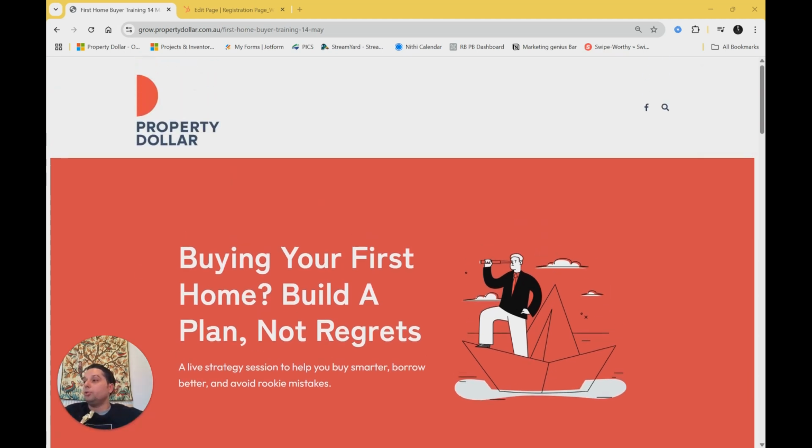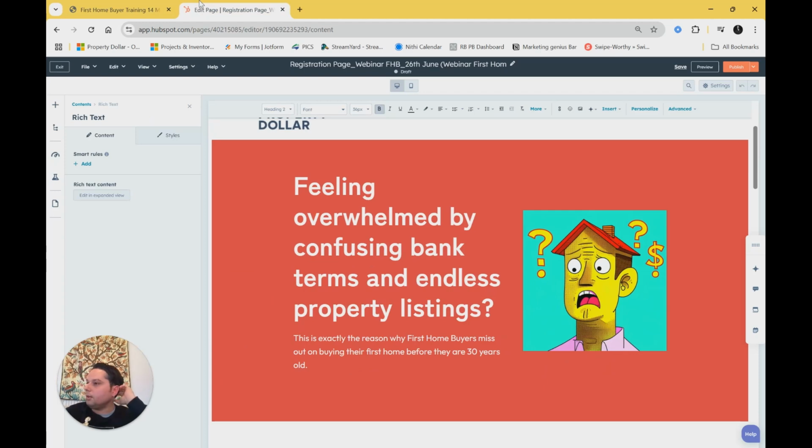Now, let me go through a rejig of the version that I have. So I had this one that I rewrote, and I actually spoke to a few first-time buyers. It's very important for you folks to speak to your customers, or speak to someone in detail who speaks to customers every day. So if you can see the headline, I've changed it a little bit.